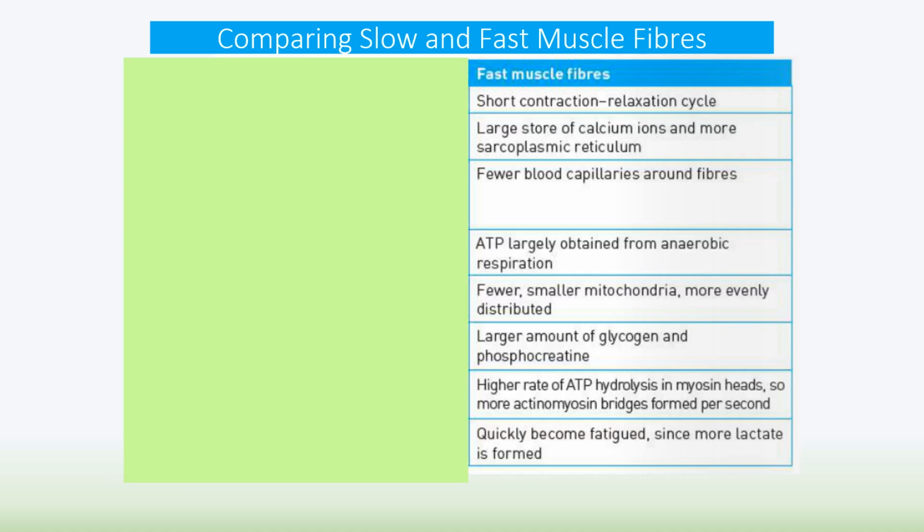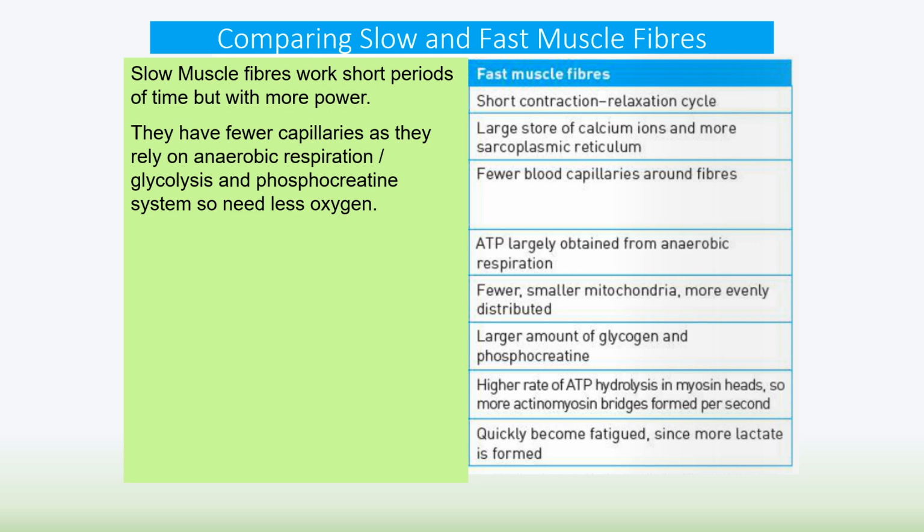Then the fast muscle fibers work fast for a short period of time but with more power. They need fewer capillaries because they rely on anaerobic respiration, glycolysis and phosphocreatine, so need less oxygen, and as I said, that slow supply of oxygen between exercise is enough to break down the lactic acid over time.